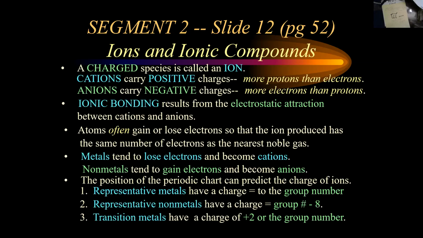Mercury sneaks in and does something that we didn't expect. It does form a +2 ion, Hg +2. But it also forms an Hg2 +2, a diatomic cation that has 2 mercury atoms.